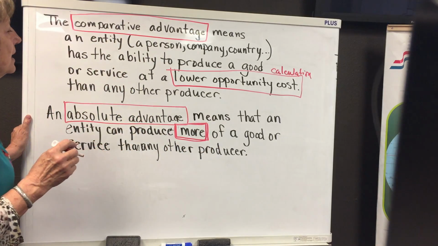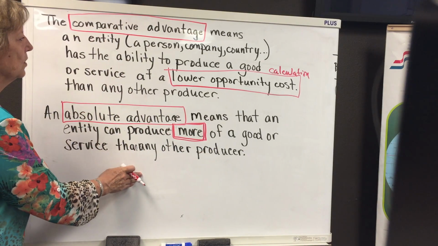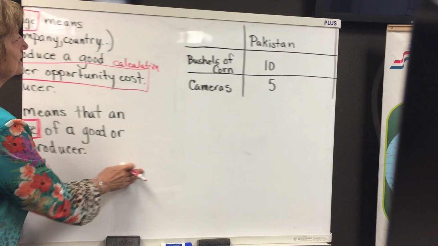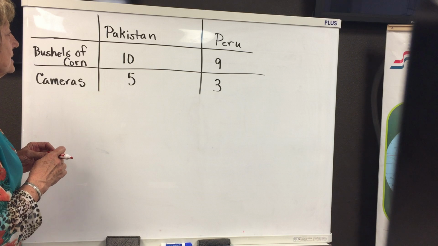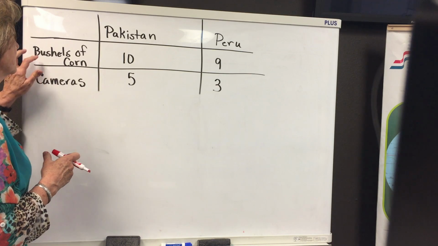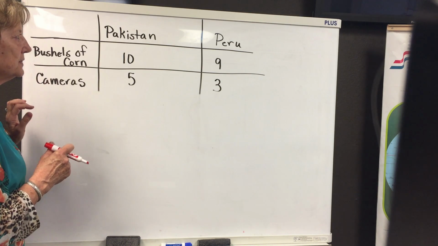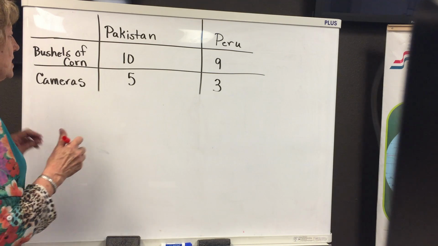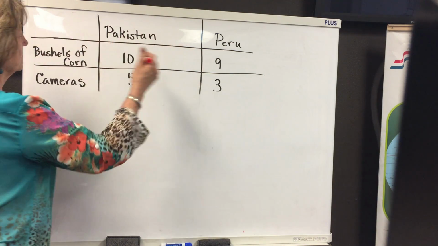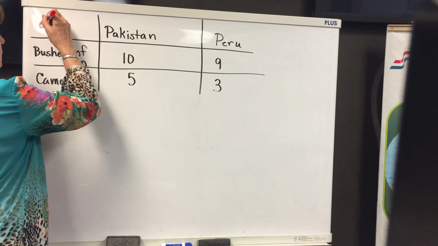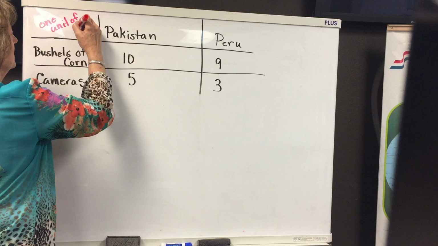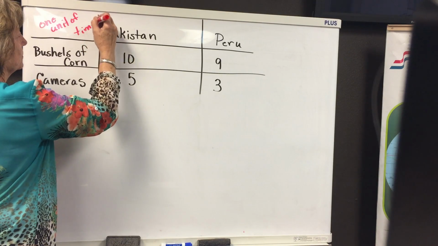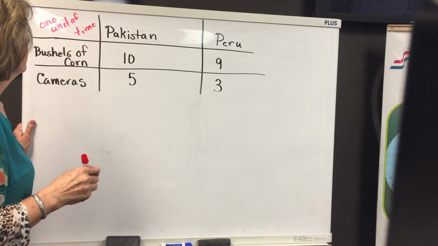And from here, we're going to go on and look at a specific problem. We have two countries, Pakistan and Peru. They're producing bushels of corn or cameras. In any unit of time, this chart right here indicates that there is one unit of time, and the unit of time is the same for both countries, Peru and Pakistan.